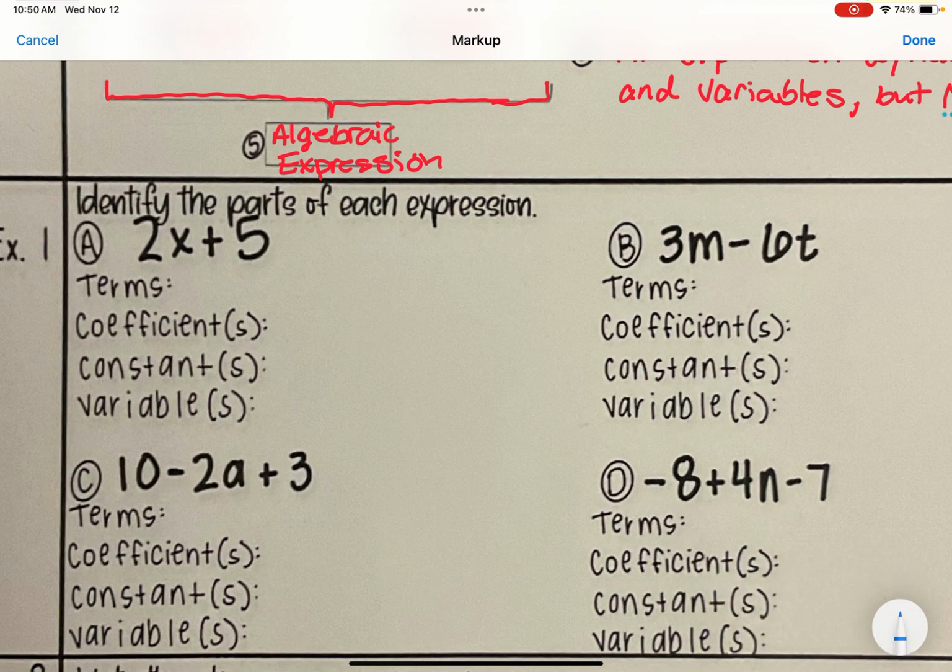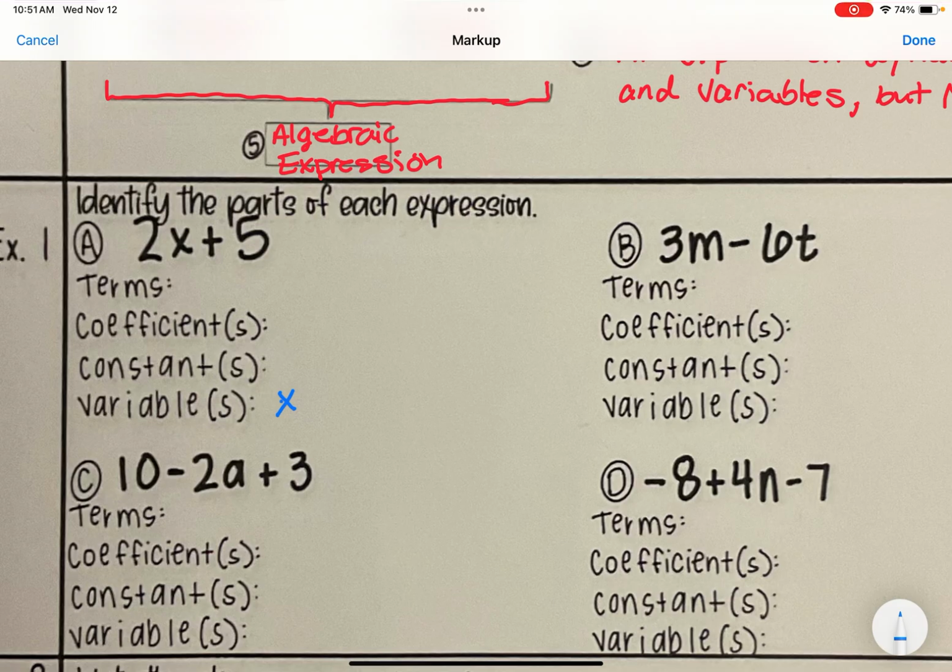All right, the first expression I see is a 2x plus 5. So let's identify the parts of this expression, 2x plus 5. So I see my variable is x. Okay, so it says variable or variables, because sometimes there's more than one letter. Sometimes there may be two, but in this case, the variable is x.